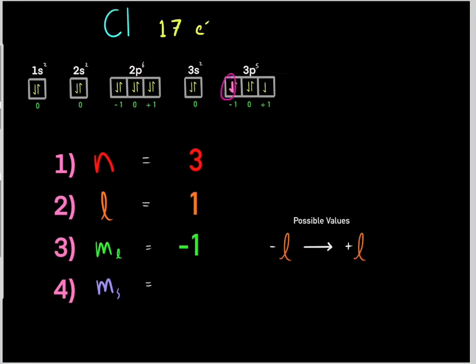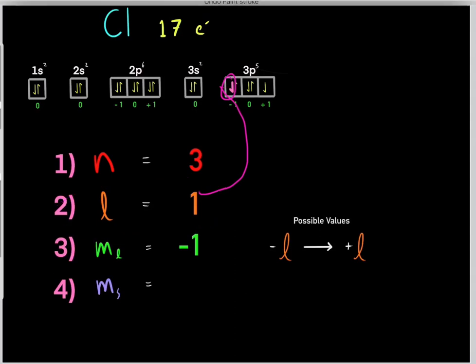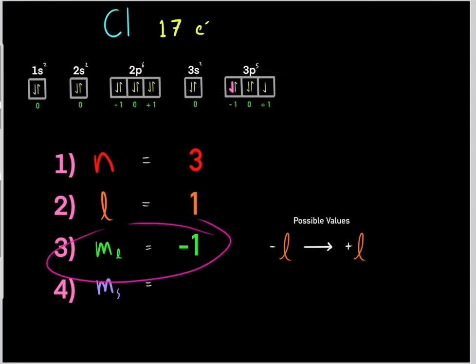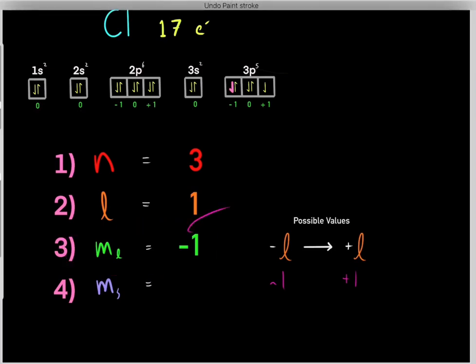So remember, this particular electron has an azimuthal quantum number of 1. So therefore, the possible values of a magnetic quantum number range from -1 to +1. Because again, remember, this L represents the azimuthal quantum number. And we see our magnetic quantum number is -1, which falls under this range. So we see this is a feasible magnetic quantum number.